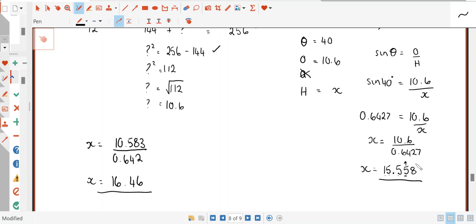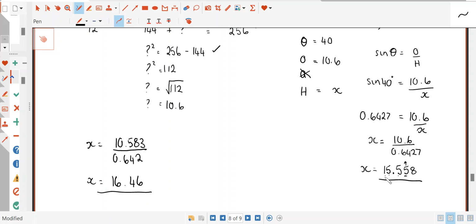Now, this is where you can see very clearly the impact of rounding your numbers in the middle of doing a calculation. How do we counter the fact that our answers are different? We just show our working. We show what we did. An examiner can confirm that your answer is the result of your working.